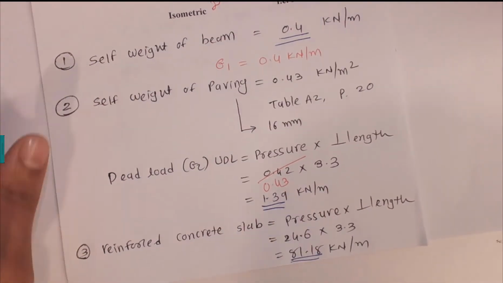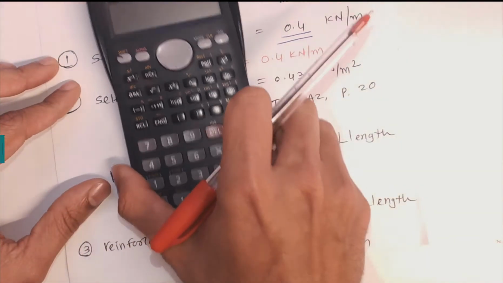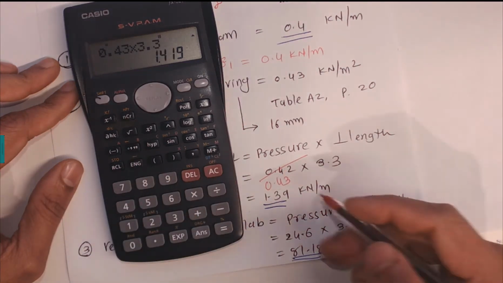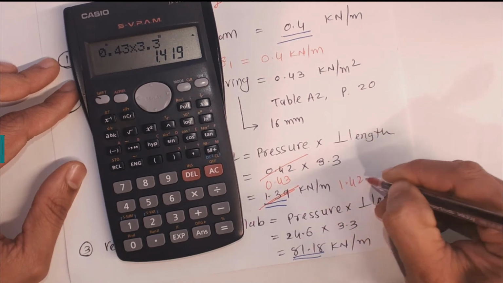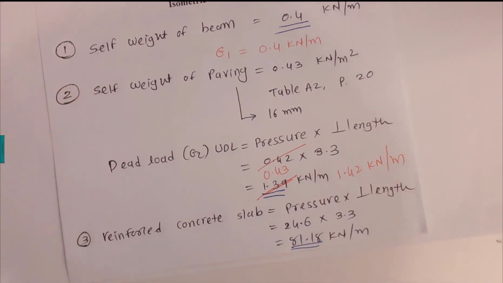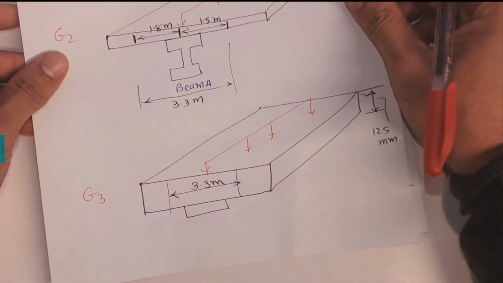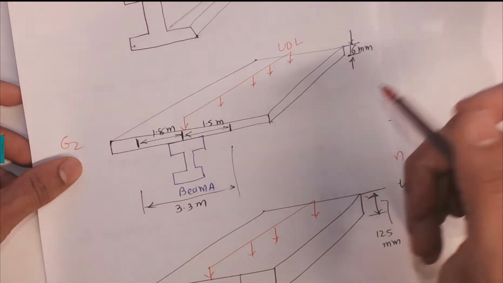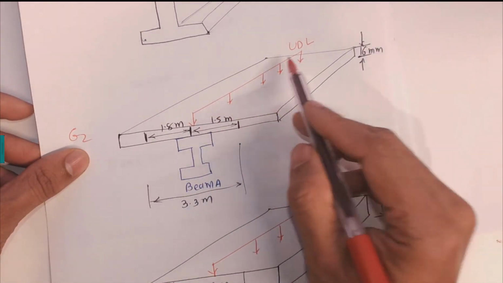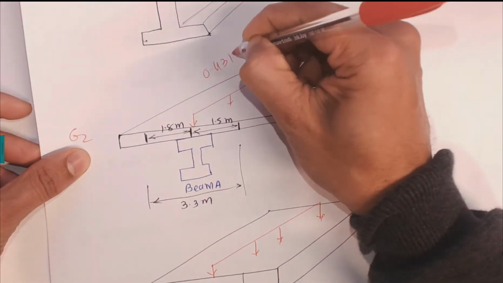So 0.43 times 3.3, if I do the quick calculation, gives us 1.42 kilonewton per meter. Now if I show it in the three-dimensional view, this paving has a weight of 0.43 kilonewton per meter square.